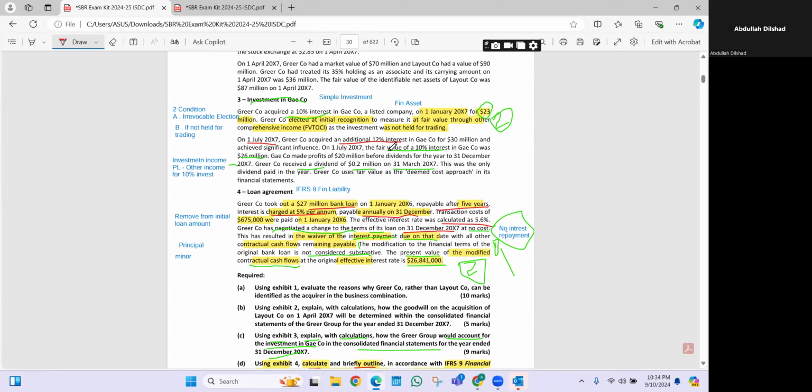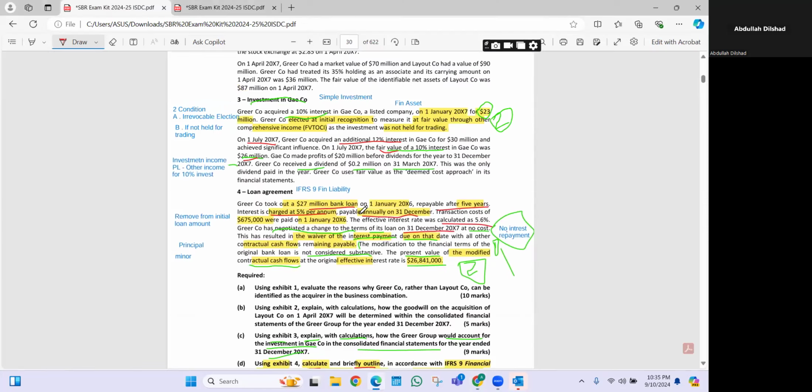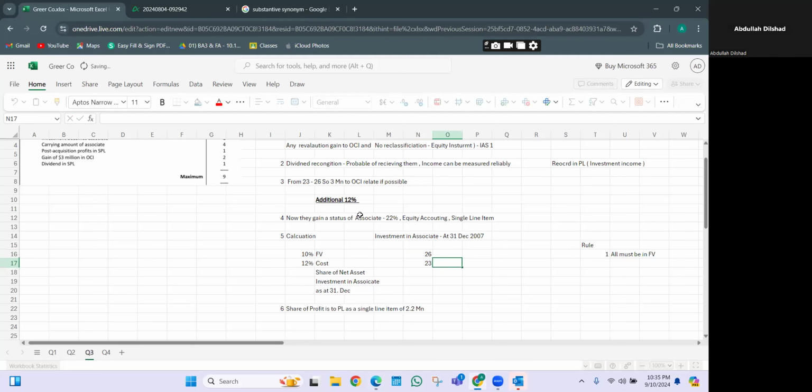The 10% fair value is 26 million. He himself has given us 26 million. How much is the 12% fair value? It is 23 million.